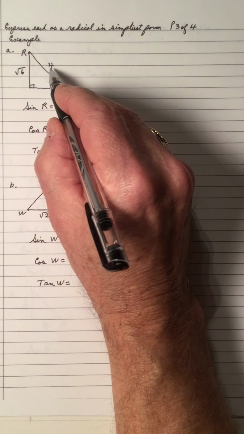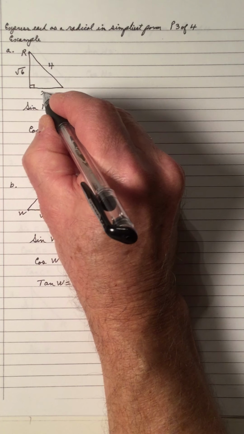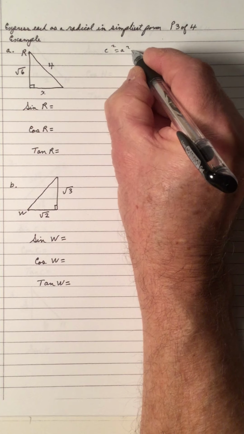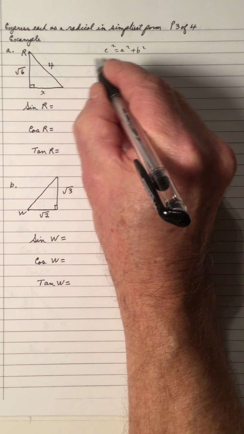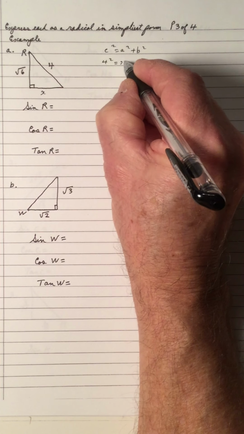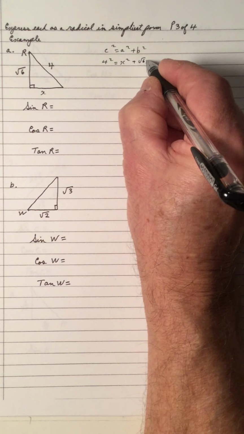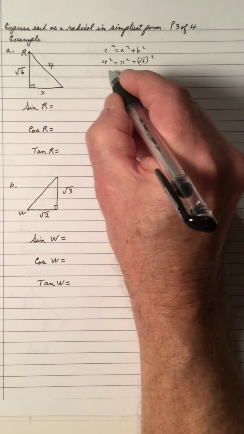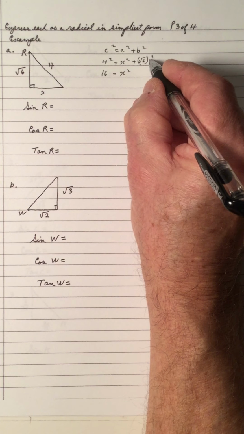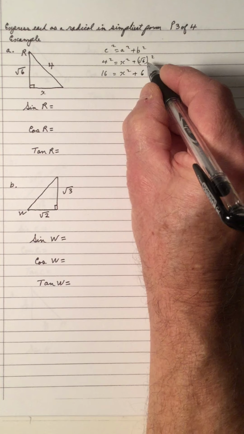Notice this time we have 2 sides but not the third one. So let's put x right here. And let's go c squared is a squared plus b squared. The hypotenuse is 4, opposite the right angle. A is x and b is root 6. So that's 16 equals x squared plus root 6 squared, which is root 6 times root 6, which is root 36, 6.